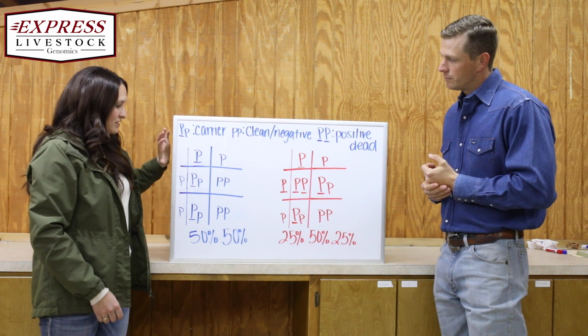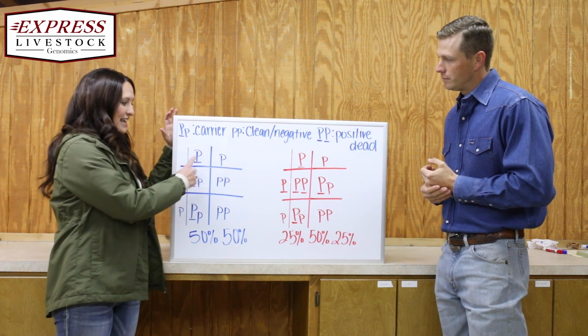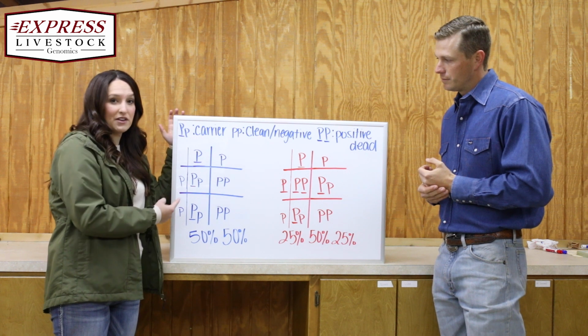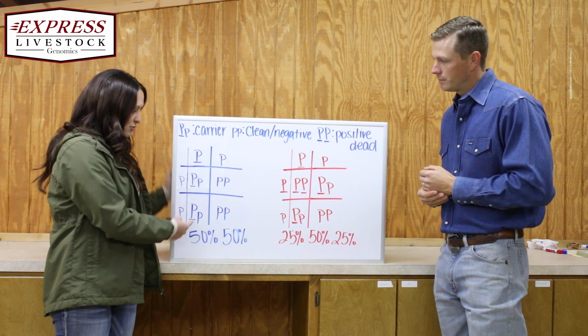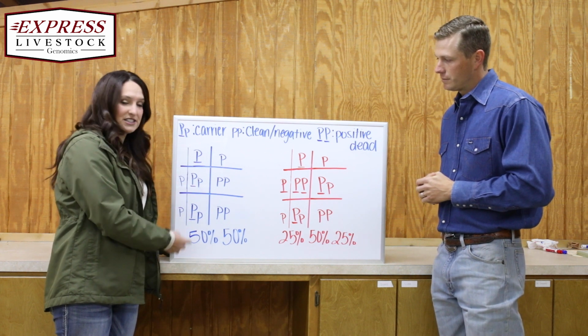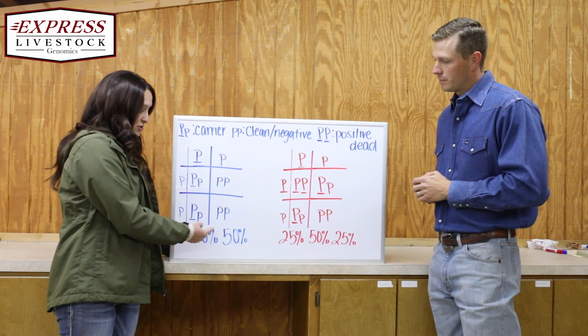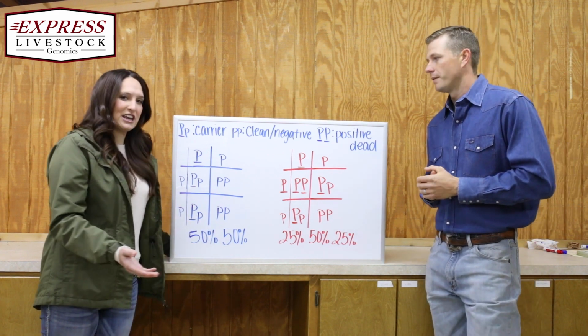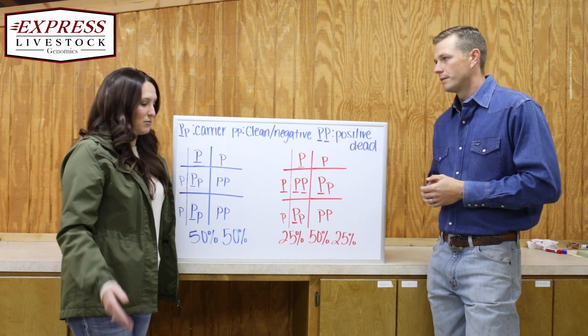So, like Colton said, here we are breeding a carrier PHA animal to a clean or negative PHA animal. 50% of the time, you're going to get a carrier animal out of this mating. 50% of the time, you also have the probability of getting a clean animal or a PHA negative animal.